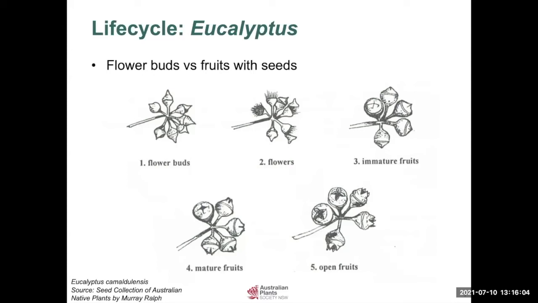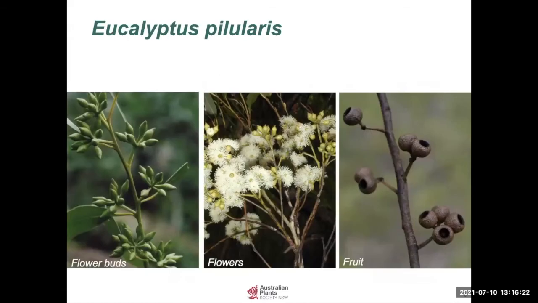And then in 5, the little valves of the capsule open and release the tiny individual seeds inside. So just remember that life cycle from the flower buds through to the woody fruits, from green through to woody. And we've just got some photos here of Eucalyptus pilularis from our CD.